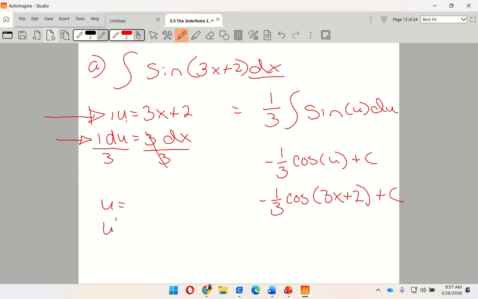Remember when we did implicit, and it was x squared plus y squared equals 1, and it would be 2x, plus 2y, and what did I have to add right there? Times dy dx equals 0.